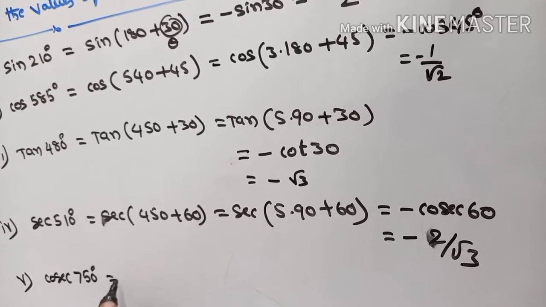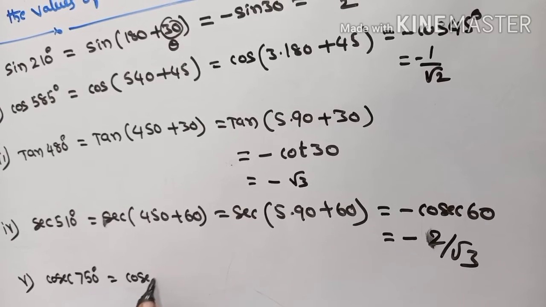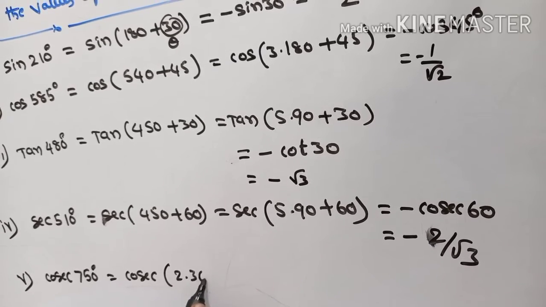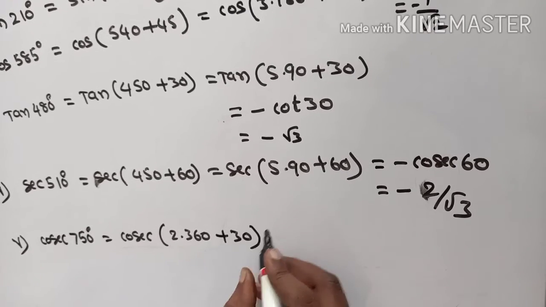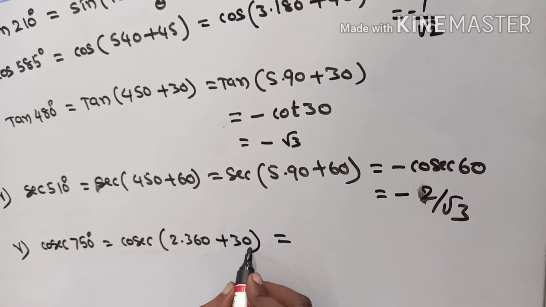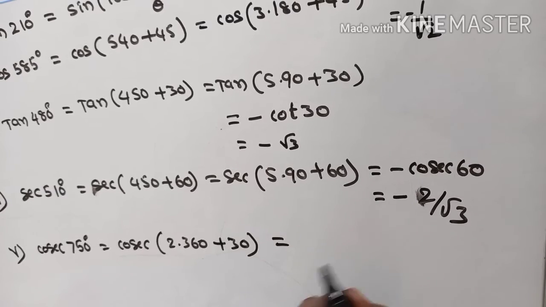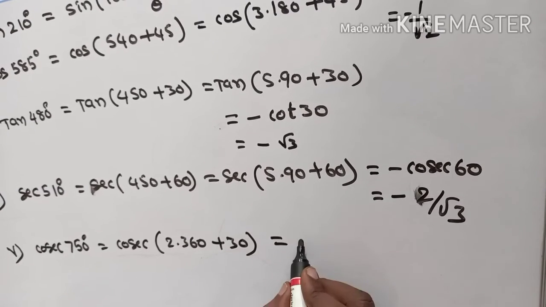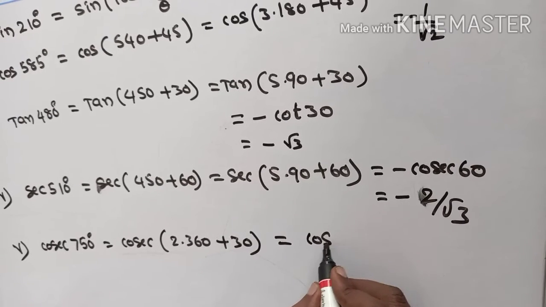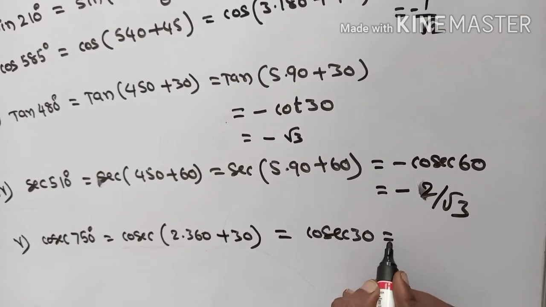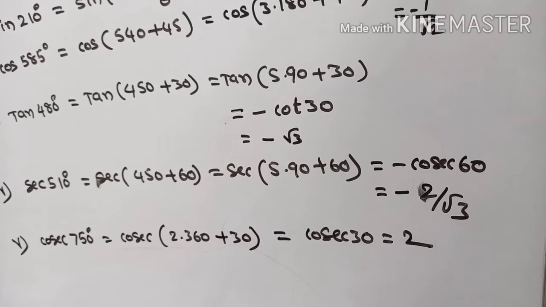Now fifth one, cosec 750 degrees. This can be written as cosec of 2 into 360, 720 plus 30. Cosec of 360 plus theta is in the first quadrant, so that value is positive. Cosec 30, here 2 is an even digit, positive. Cosec 30 value is 2.